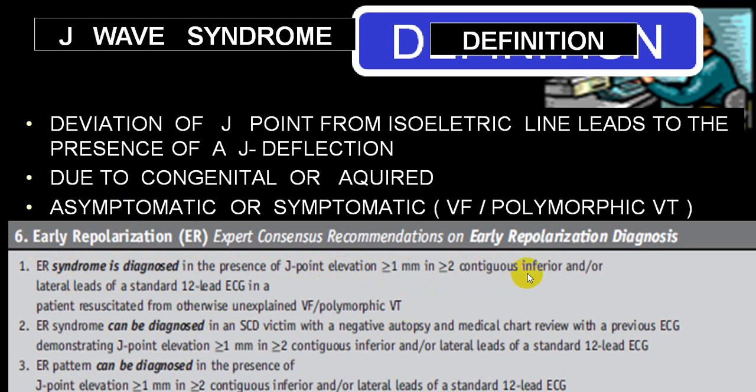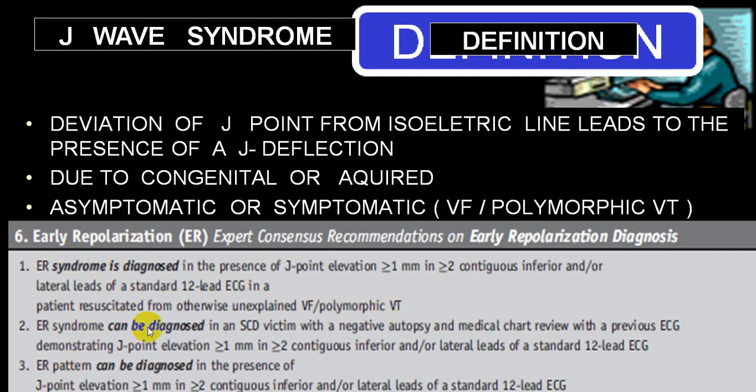Inferior leads are lead 2, lead 3, AVF, and lateral leads are V4, V5, V6. If you get that J point elevation, it is early repolarization group, and if it's symptomatic, we put them into ER syndrome. And in this particular group of people, if they give you a history that the patient was resuscitated from unexplained VT/VF or the person was having polymorphic VT, it is ER syndrome.